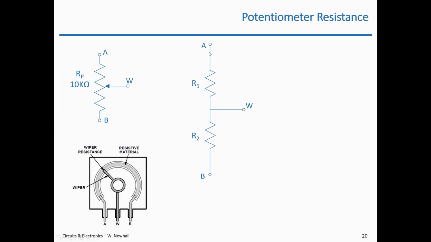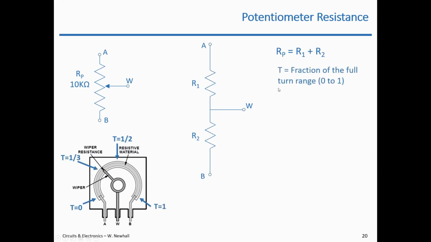Because right between A and W, there is some resistive material, and between W and B, there is some resistive material. And those values can change as you change the wiper position, okay? So the resistance values, R1 plus R2, right? The resistance between here and here, plus the resistance between here and here, is the total resistance. That's where this comes from. RP equals R1 plus R2.